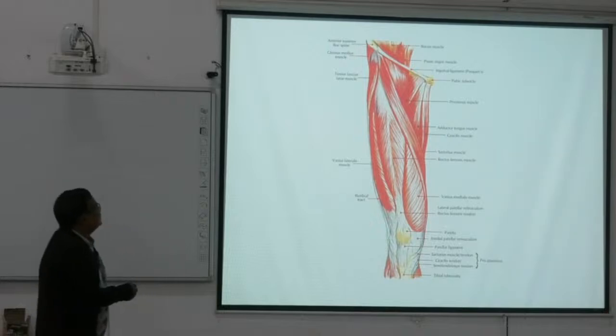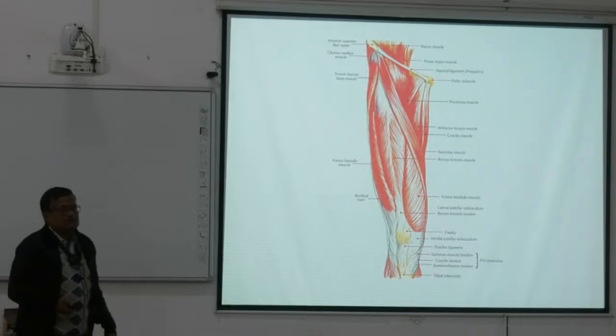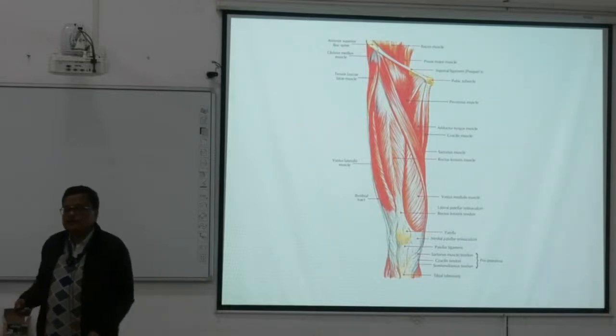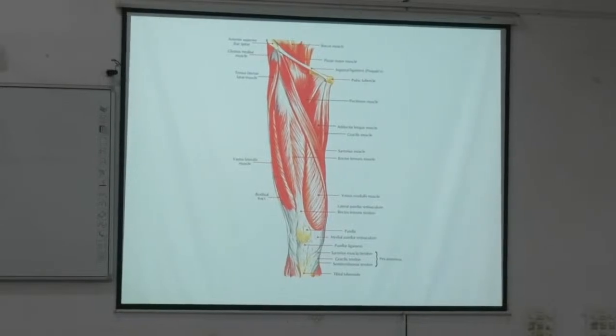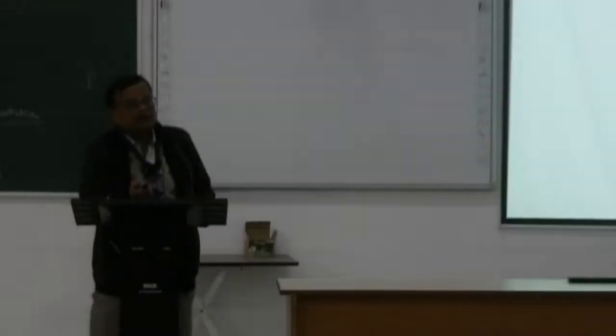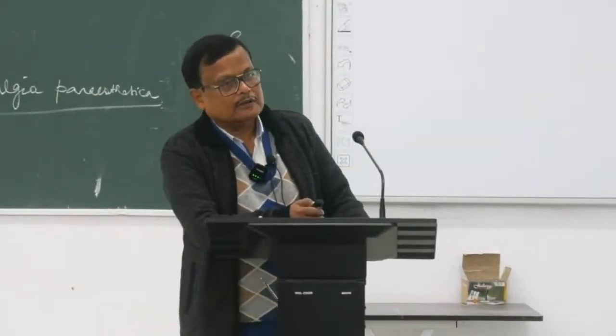Then there is another muscle. The four muscles are there. Rectus femoris. Rectus femoris has got two heads of origin, straight head and reflected head. Straight head arises from the anterior-inferior iliac spine.